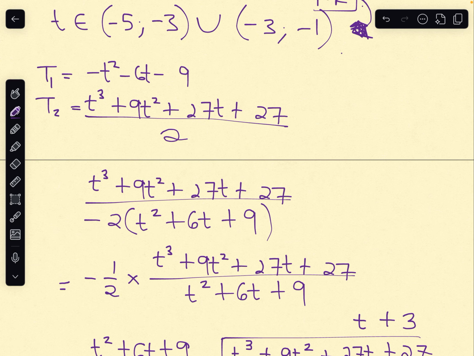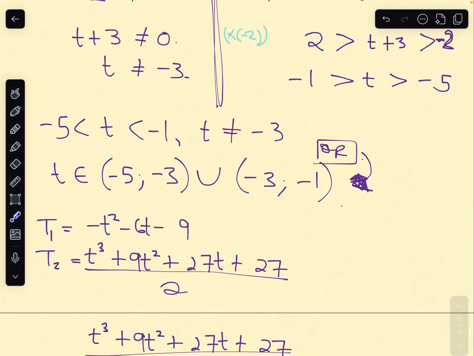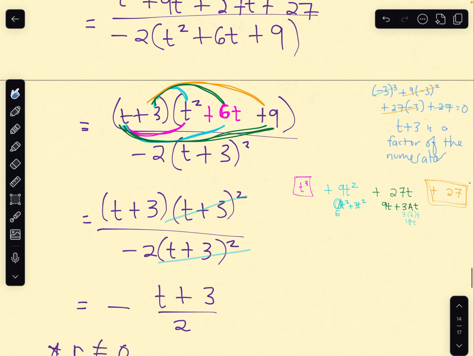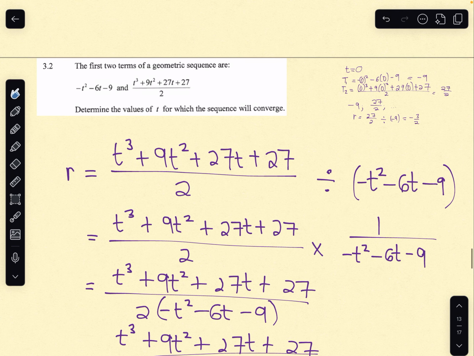Okay, so let's check. Let's choose a number, let's choose minus 2. Minus 2 is between minus 1 and minus 3, right? And actually, one of the answers that we said wouldn't work is minus 1.5, right? That's the one we checked.